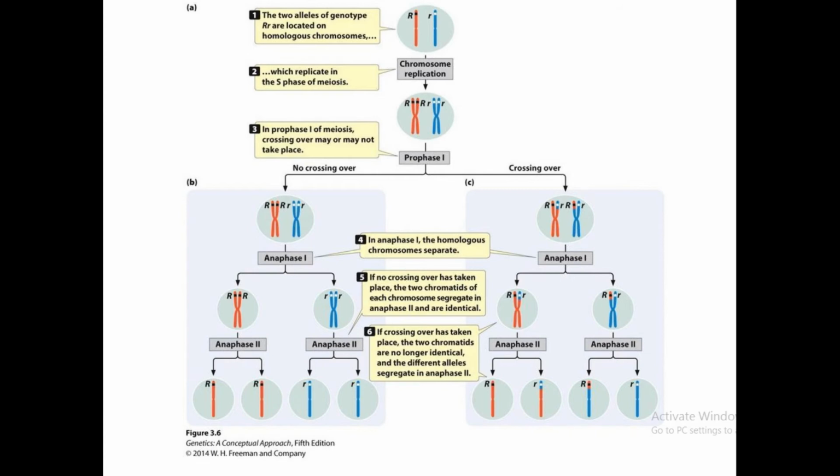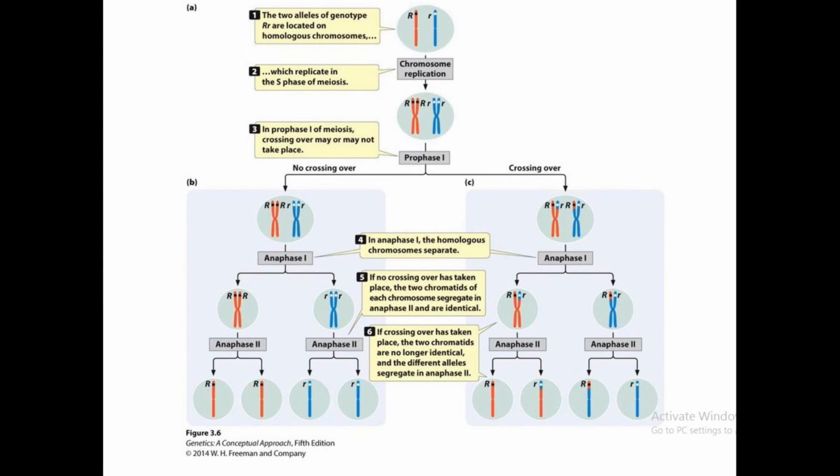If no crossing over has taken place, the two chromatids of each chromosome, which are identical, segregate in anaphase 2. We can see here these are the identical chromosomes and they got separated in anaphase 1. But if crossing over has taken place, the two chromatids are no longer identical.